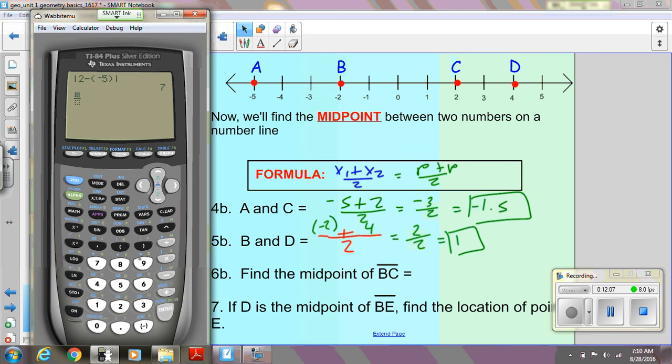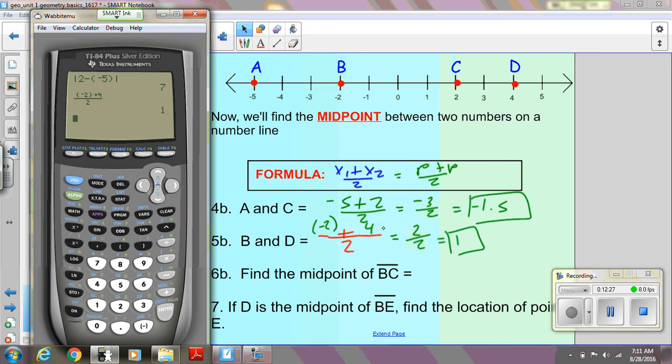All right. So now I could type in parentheses -2 close parentheses plus 4 and then drop down to the denominator and type 2. Hit enter and I get 1.